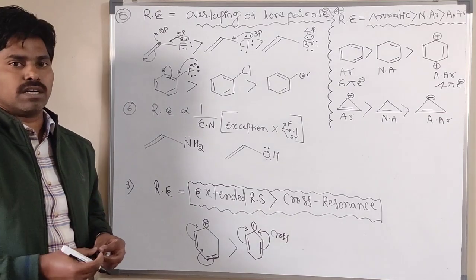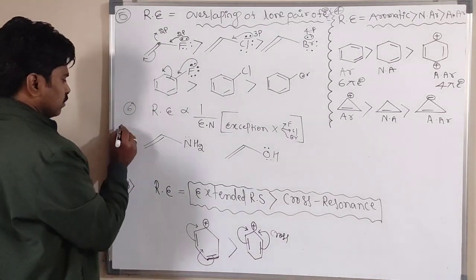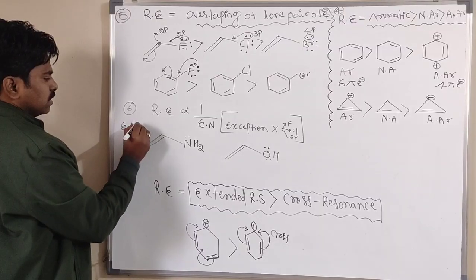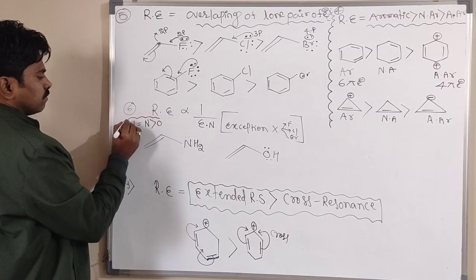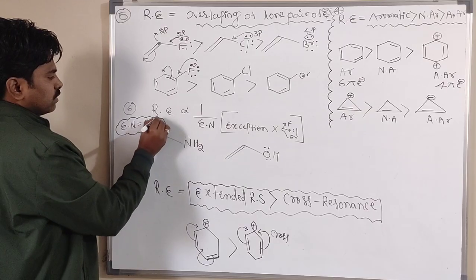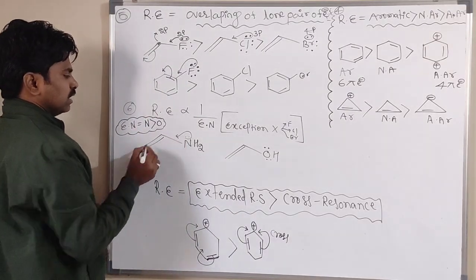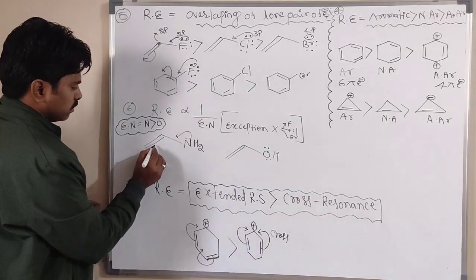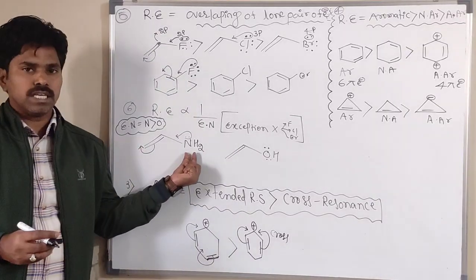Which lone pair is easily delocalized? We know that electronegativity of oxygen is greater than nitrogen. So obviously the nitrogen will give its lone pair easily to others because its electronegativity is less.